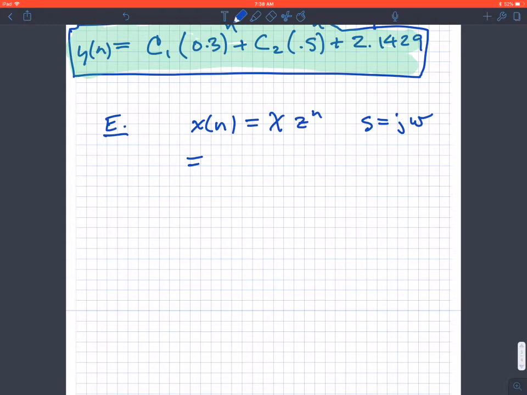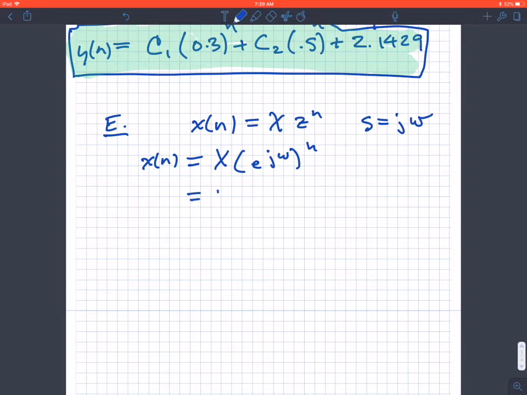If I let z be e to the j omega, so z is e to the j omega, then I could plug into this original function x of n, and I would see that I get a complex exponential.